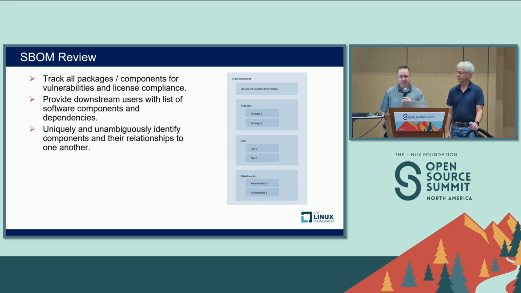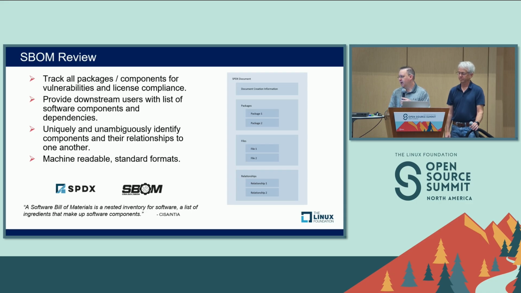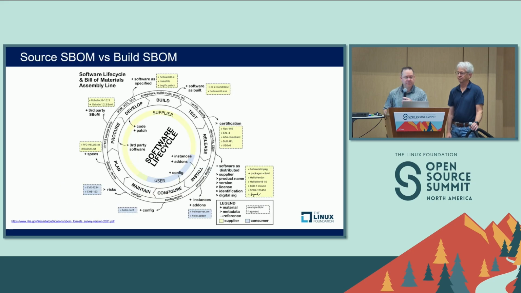That's really important, making sure that you have accurate version information and metadata. It's machine readable, and as I said, we use SPDX, which is a standard format. You can see on the right, we've got package information, file information, and information about the relationships. That's just an overview for people who don't remember what's in an SBOM.